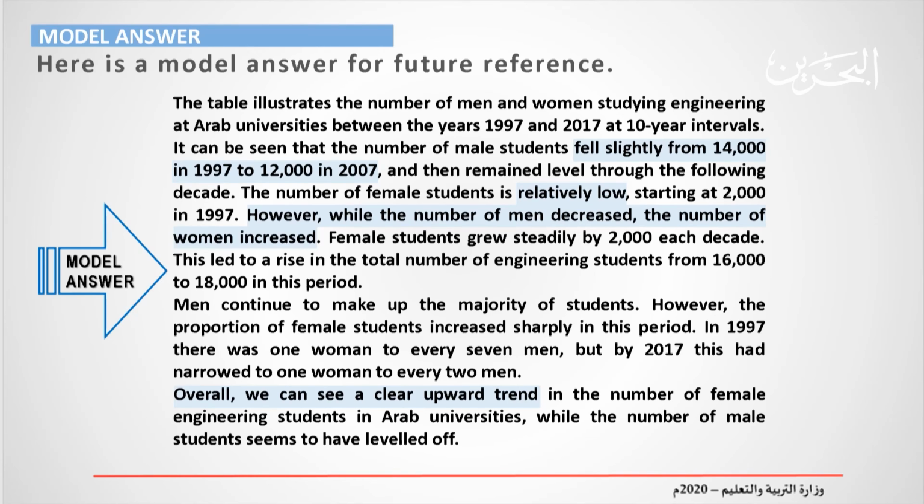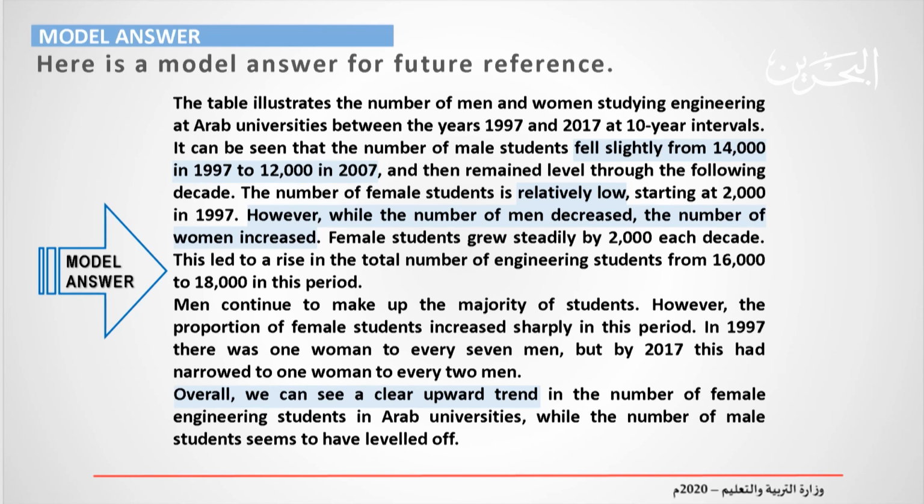The number of female students is relatively low, starting at 2,000 in 1997. However, while the number of men decreased, the number of women increased. Female students grow steadily by 2,000 each decade. This led to a rise in the total number of engineering students from 16,000 to 18,000 in this period.